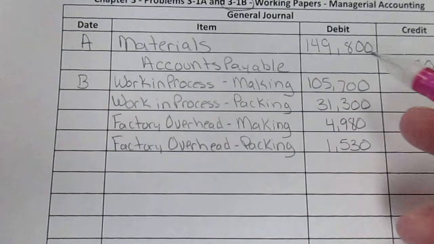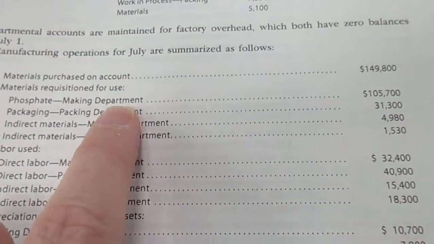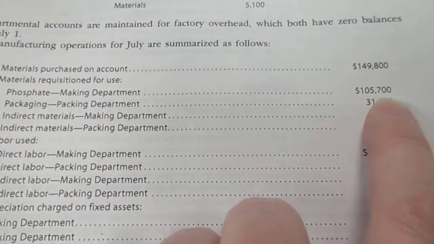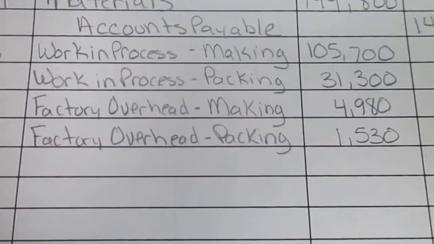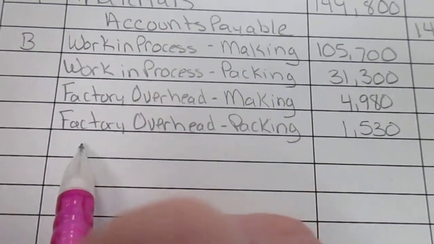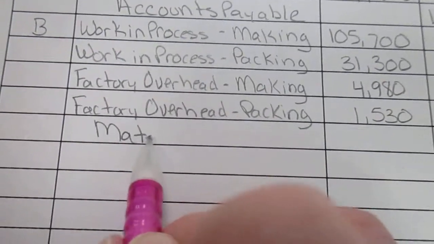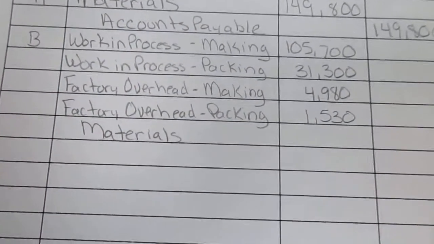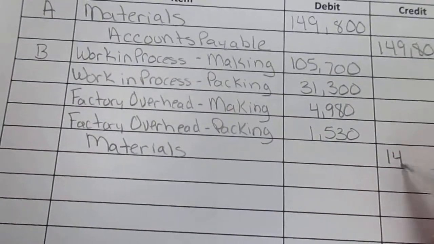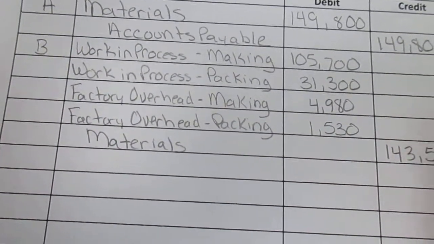Now, all of these numbers, I just pulled them right out of my textbook. Making, packing, and then the list of the numbers right here on the right. So we pulled all of these things out of our materials warehouse. So we're going to credit materials for the total. So we add those numbers together, and we get $143,510.